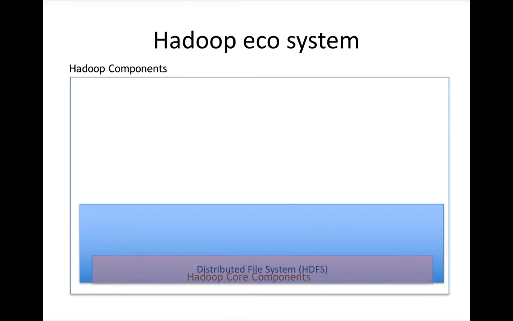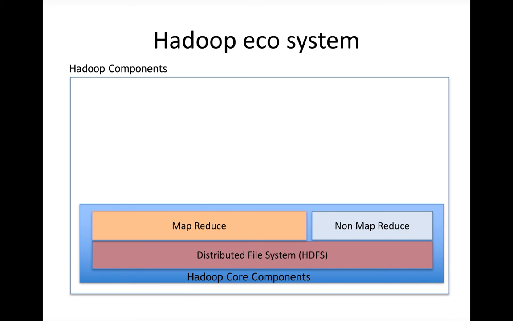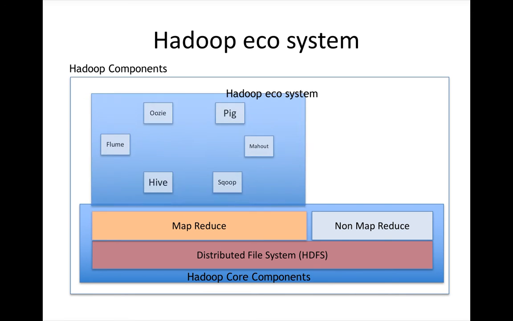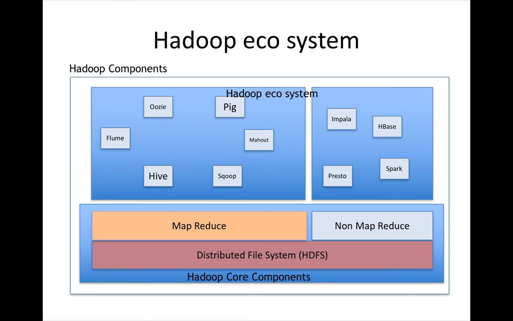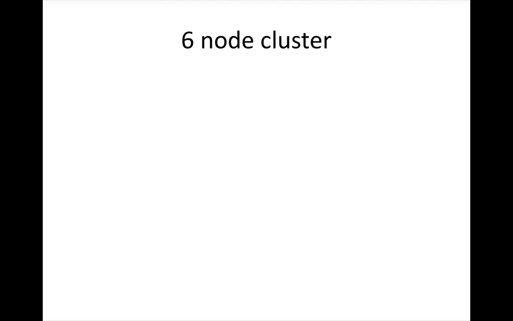So again, we are revisiting the Hadoop ecosystem. We started with Hadoop core components. HDFS is the foundation for everything. Then MapReduce based tools will be there, and non-MapReduce based tools will be there. Sqoop is considered a MapReduce based tool, so we use the same architecture as with any YARN plus MapReduce based tool to set up Sqoop in the cluster. Here we are using a 7-node cluster on AWS.